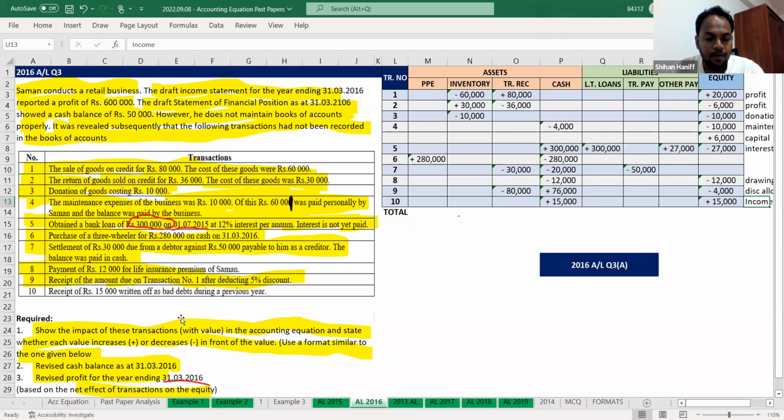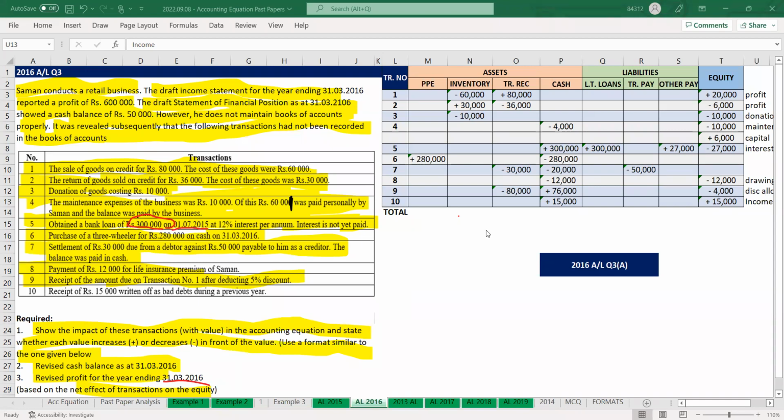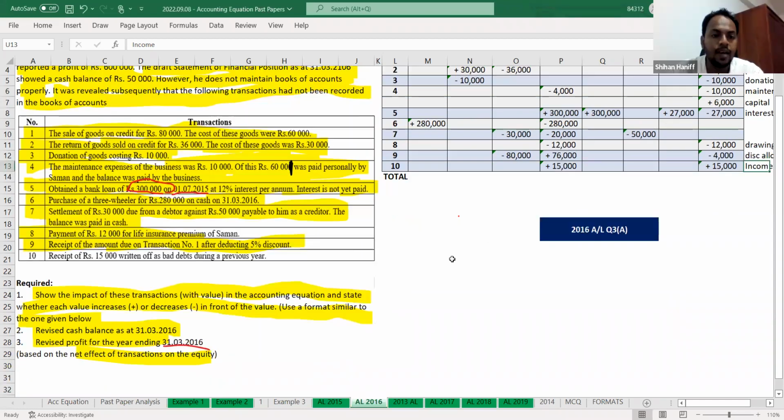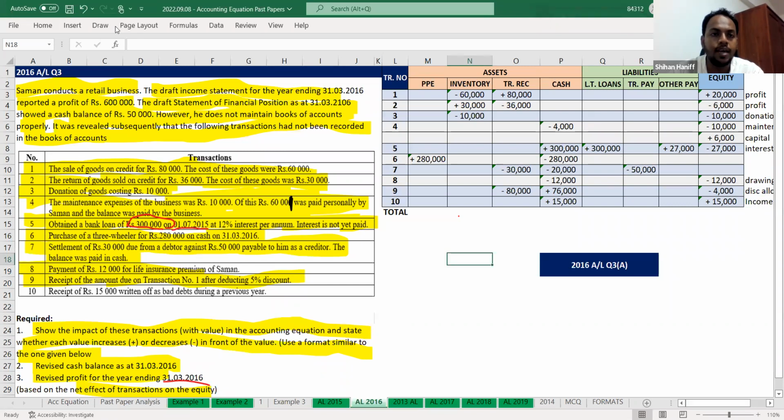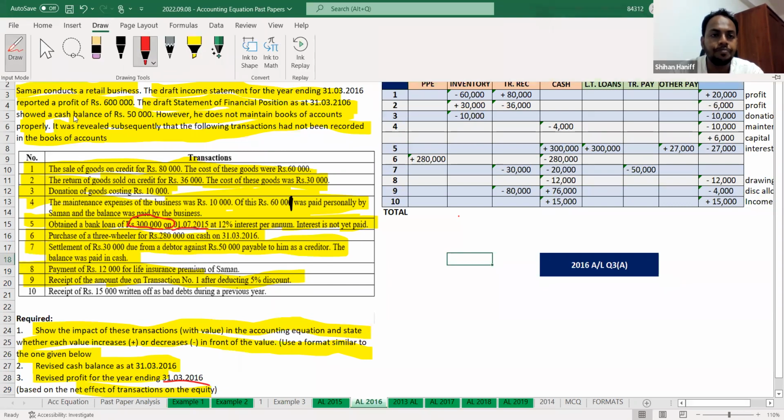Now the second part. The second question, revised cash balance. Now the cash balance which they have calculated is wrong.